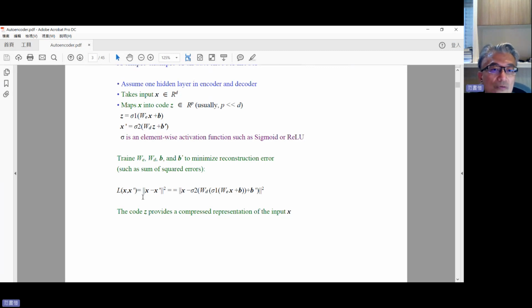So the code z provides a complex representation.